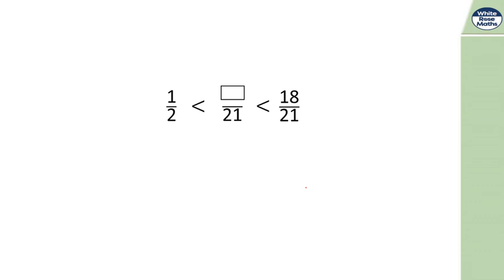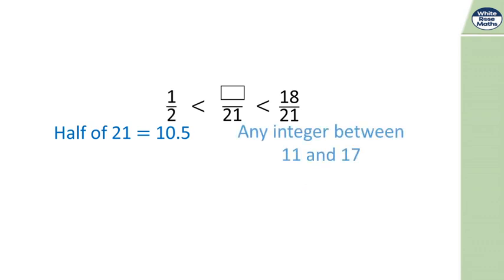So how can we do that one? Pause the video, have a go at that one. How can you compare those? Half of 21 is 10.5. That is 1/2. So it can be any integer between 11 and 17, because that's only worth half.